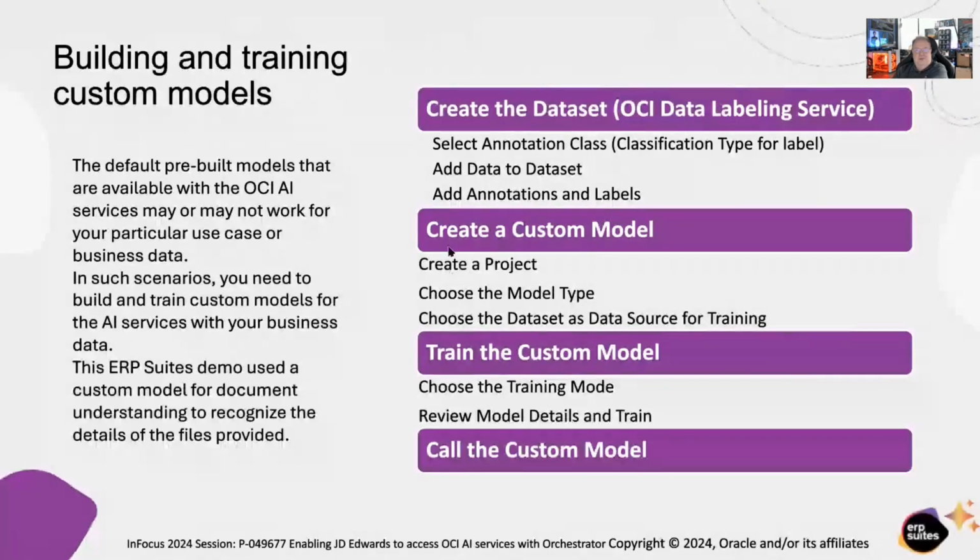But like I was showing you, we create a custom project. We choose the model type that we want to do. We do the data set. We feed it in some examples of our documents, go through and reinforce it. And then when you're done with it, you just call that custom model instead of the delivered ones.